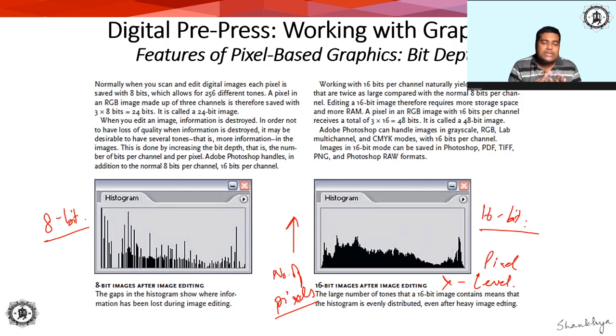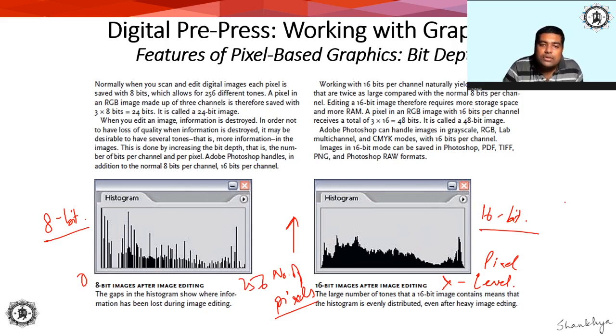The overall shape of the histogram seems to be the same, right? But what is different? The histogram of the 8-bit image seems to be very discontinuous. That means the total number of tones has reduced. The total number of tones here is 0 to 256, is it not?